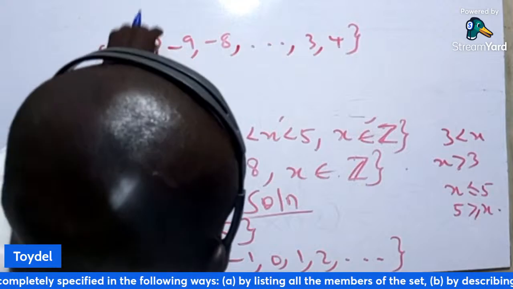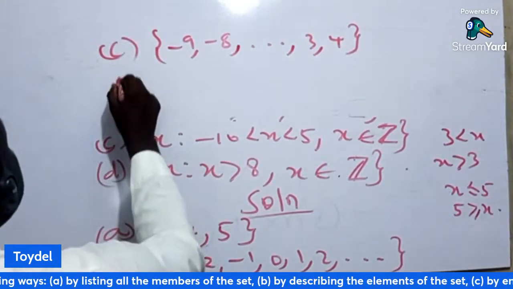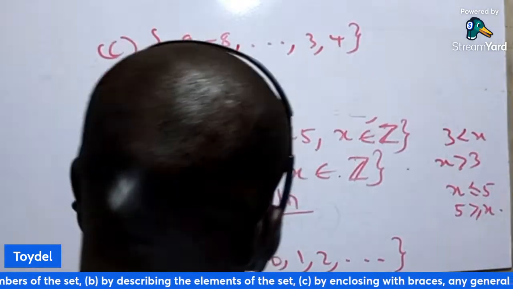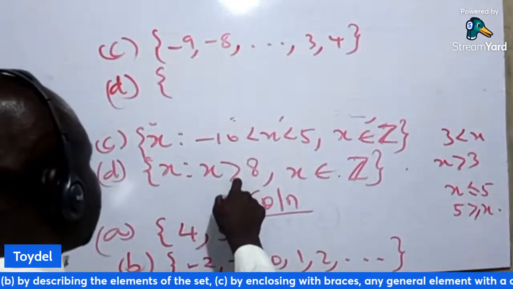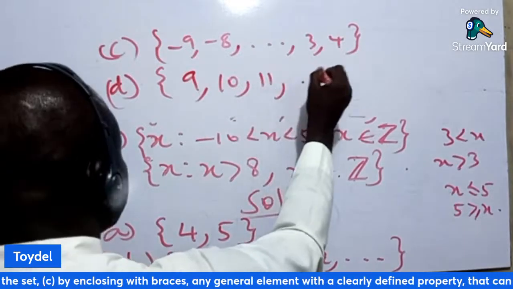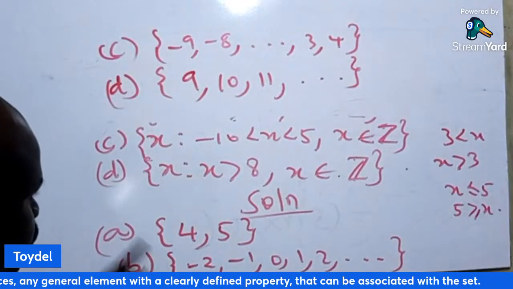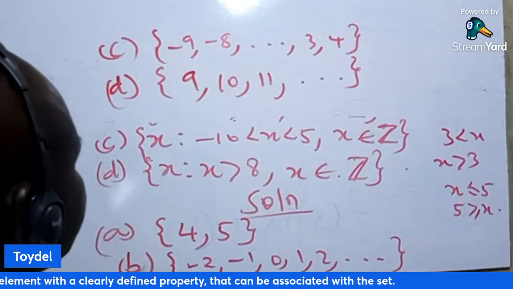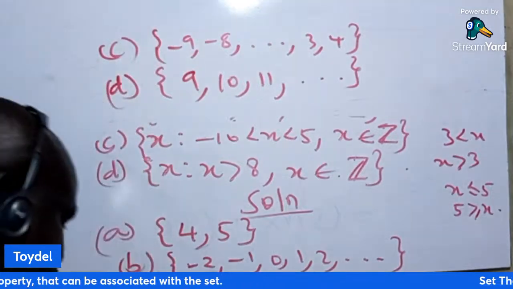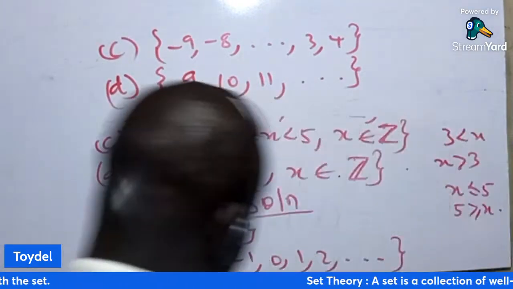Then if I'm given these elements, I should be able to write it back in set builder notations. Then the last example here, we have x such that x is greater than 8. x is an integer. So if x is greater than 8, the first element will be 9, 10, 11, dot, dot, dot, up to infinity. So we have been able to rewrite the question from set builder notations to the normal one. So if you are given this, you should be able to represent it in set builder notation.